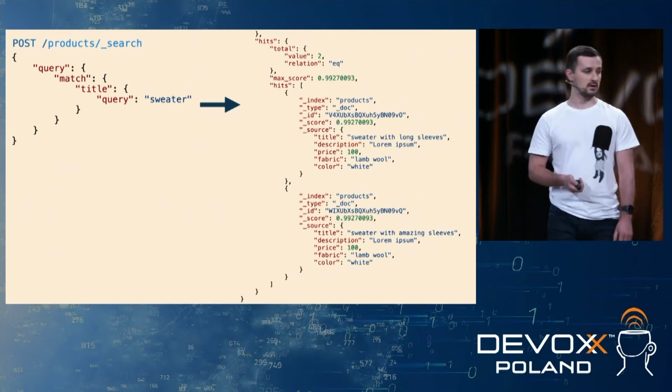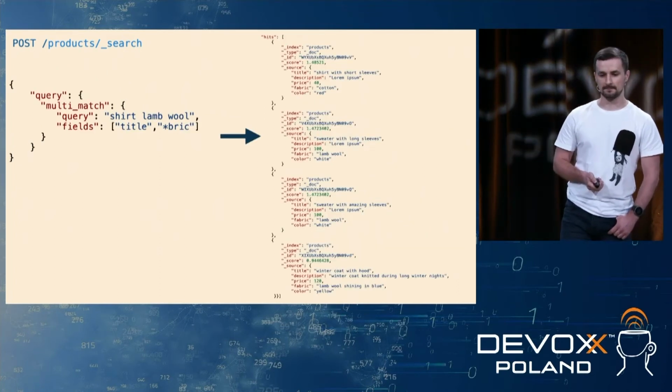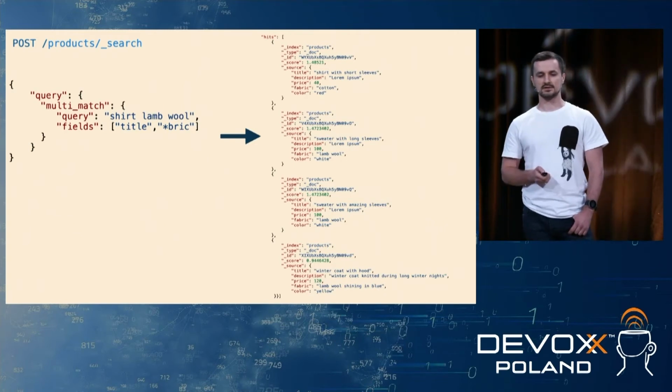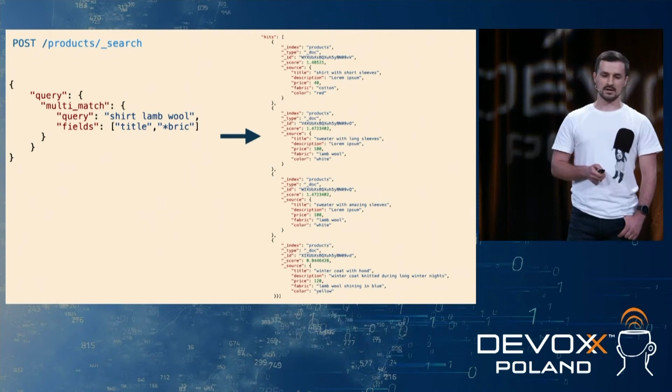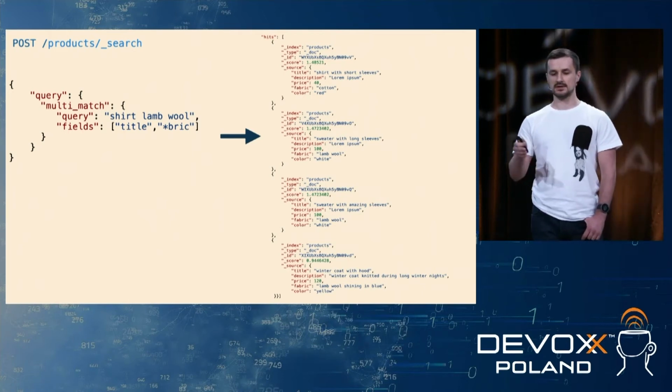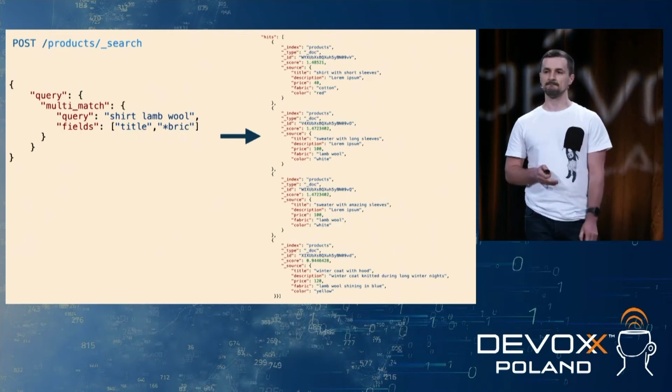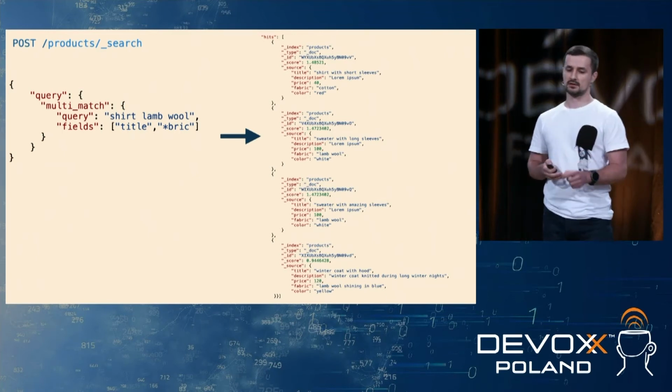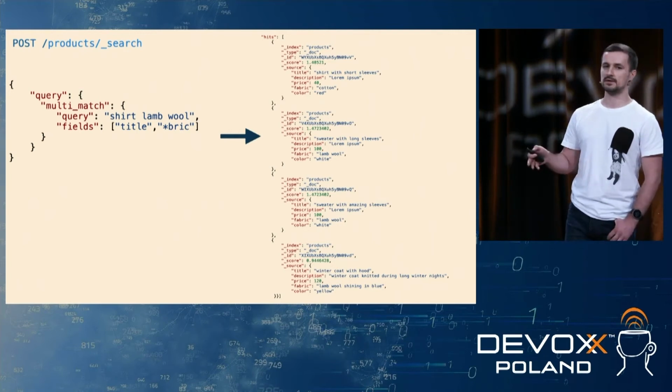Great. Let's move on. And now there's also the multi-match query, which is interesting because it can match multiple fields. And here we're matching against the title field and any field, which may be more than one, that ends with fabric. So in our case, it will be fabric.